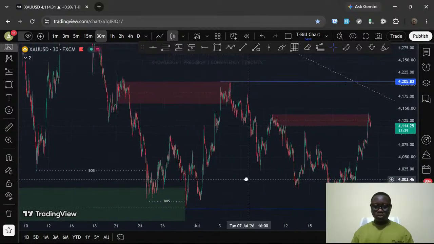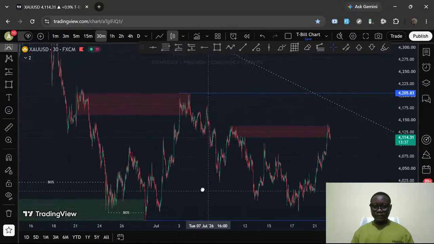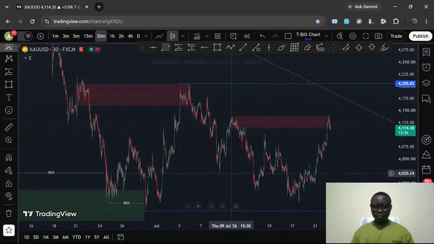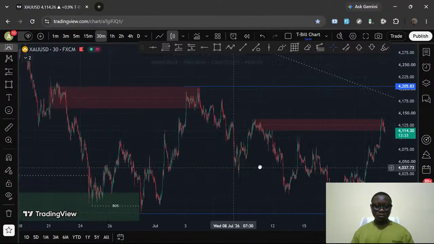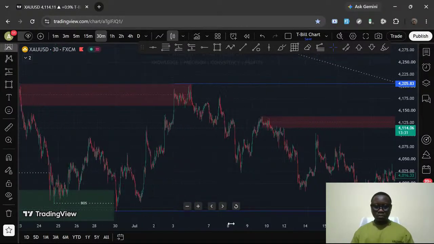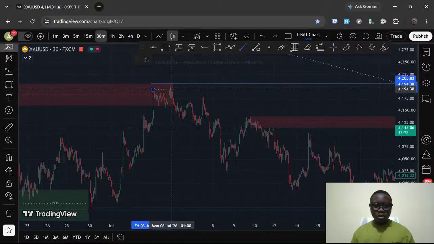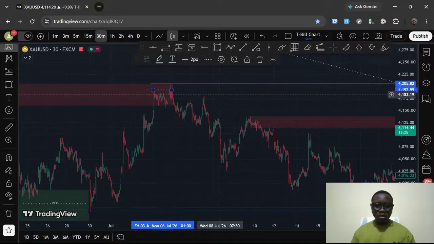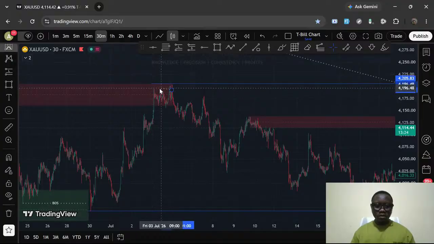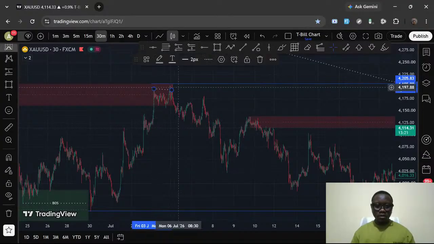So we got this break of structure to the upside right here.